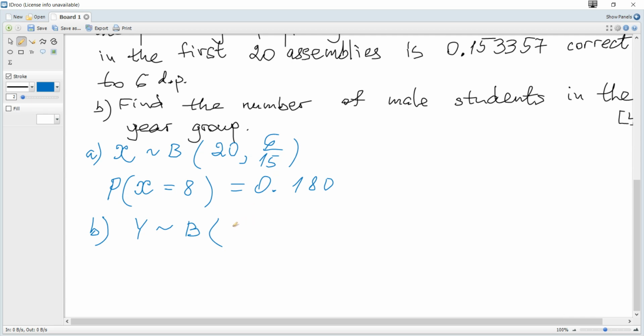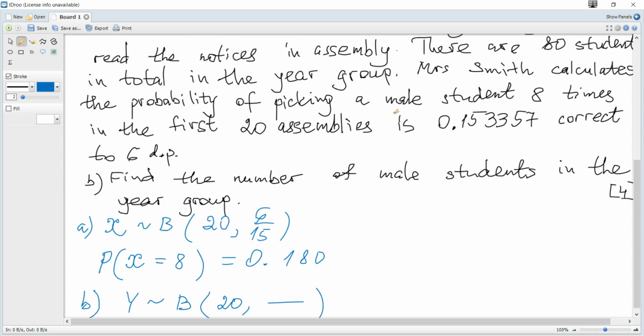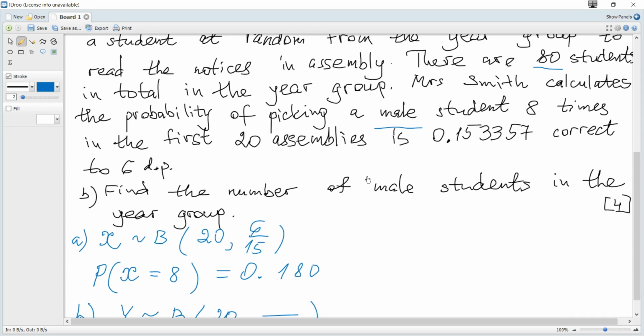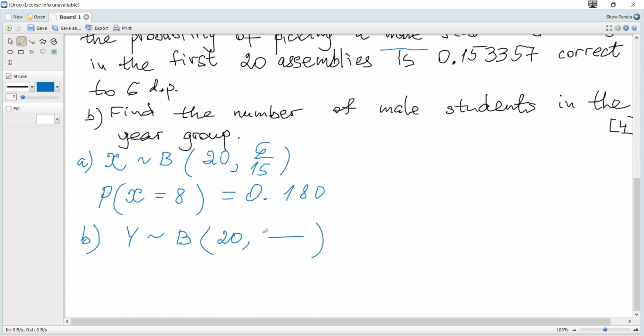Total n is 20, the total number of trials, and probability is unknown here. Since we need male, and there are 80 students in total, let the number of male students be x, so probability is x over 80.